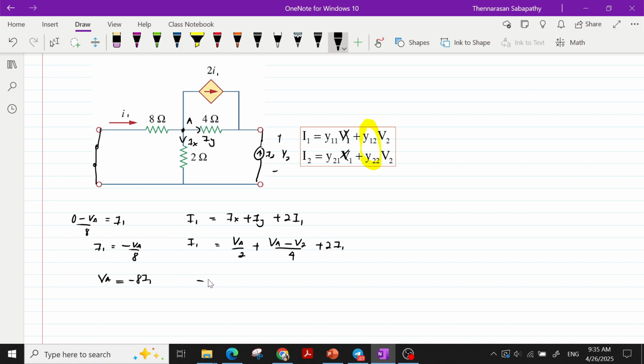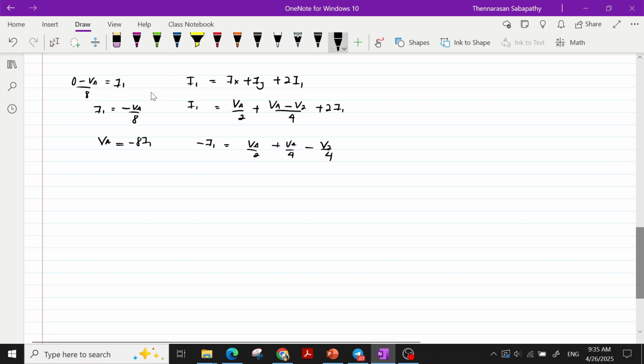So I bring this side, negative I1 equals VA over 2 plus VA over 4 minus V2 over 4. Now I can make it like a single equation. 3 over 4 VA, negative I1 minus V2 over 4.